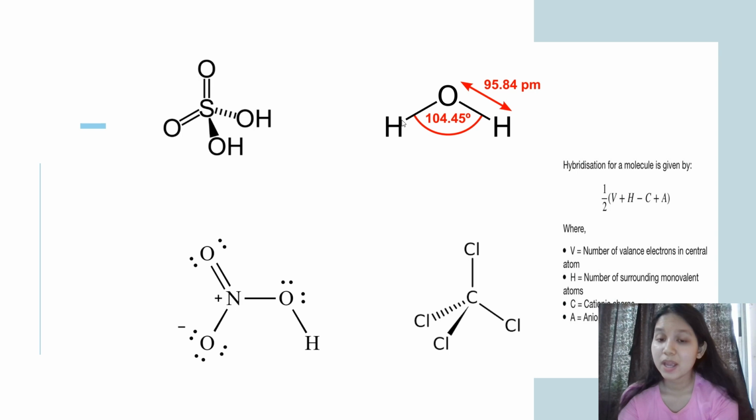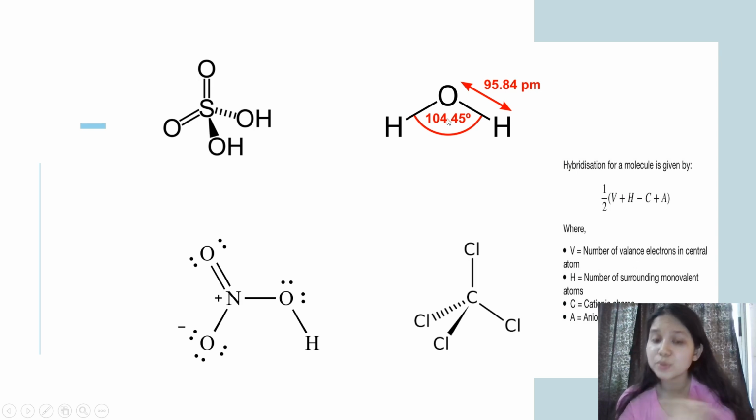Yes, very good. Like she said, although the oxygen atom in water molecule possesses sp3 hybridization and its geometry is tetrahedral, due to the presence of lone pairs of electrons in the oxygen atom, like you can see, if you draw the Lewis dot structure of water molecule, you will find two lone pairs on the oxygen atom.